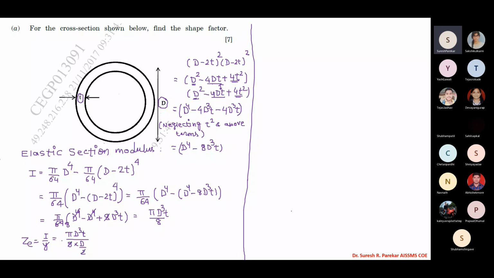So 2 4s are, and we will get z equal to pi by 4 d square t.